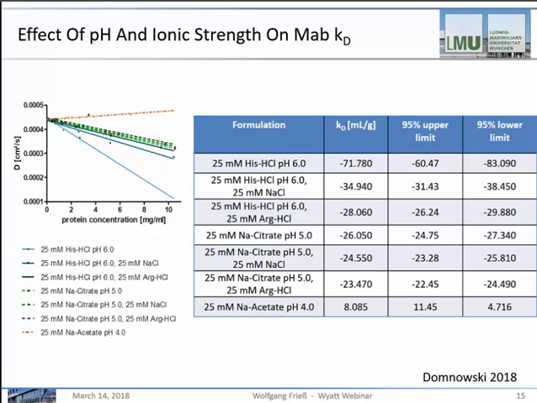At pH 5, there's no influence of the ionic strength observable, and the KD values are higher than at pH 6. At pH 4, we have repulsive interactions. This is correlated to the charge on the protein molecule, meaning that at the lower pH, it's more positively charged and we have stronger repulsive interactions, and in this case almost net repulsive interactions.